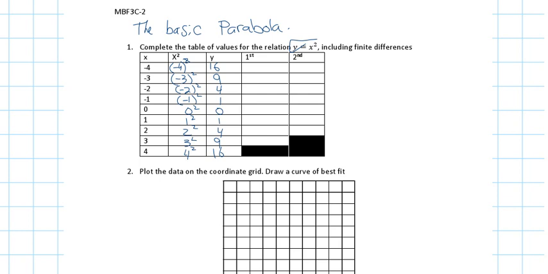If I do the first difference, so I have 9 minus 16, what do I get? -7. 4 minus 9. 1 take away 4. 0 take away 1. 1 minus 0. 4 minus 1. 9 minus 4.